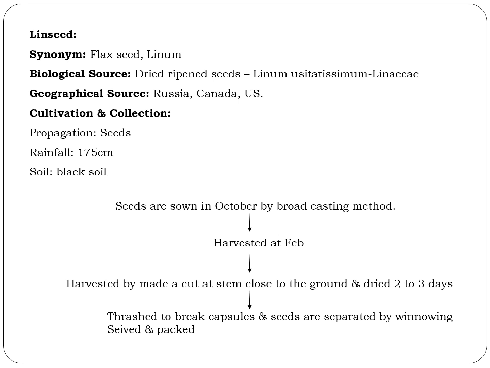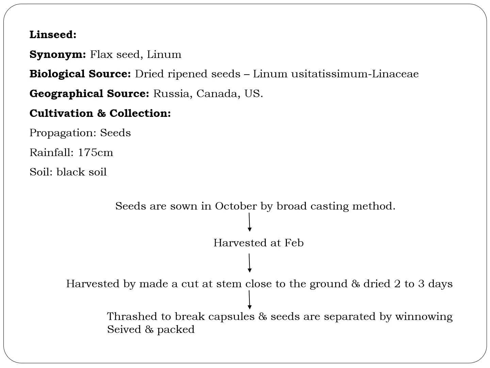The seeds were sown in October with the help of the broadcasting method, followed by harvesting in the month of February. The harvesting is done by making a cut at the stem close to the ground and dried for 2 to 3 days.